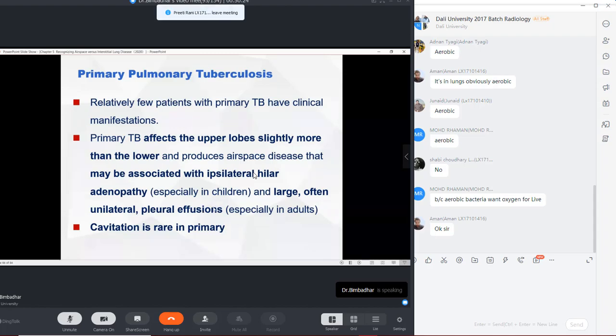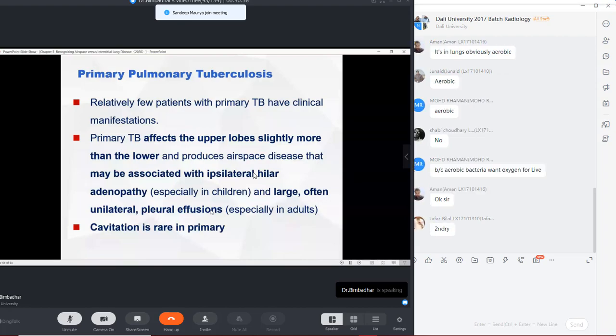And also cavitation generally does not happen in primary tuberculosis. If you see cavitation in a patient, you will be talking about secondary tuberculosis or tertiary tuberculosis, but cavitation is not present in primary tuberculosis. It is because the patient did not go down into completely caseating and liquefactive necrosis. The patient did not get into that stage. Only granulomatous reaction happened.